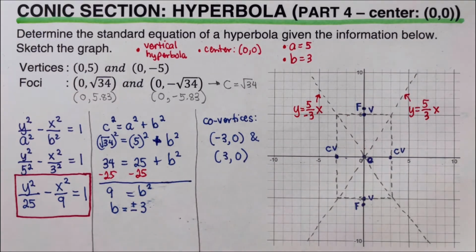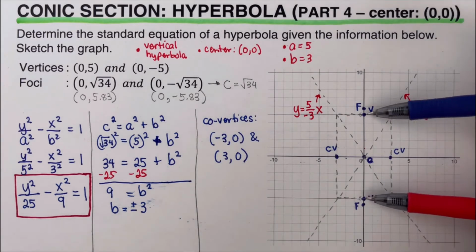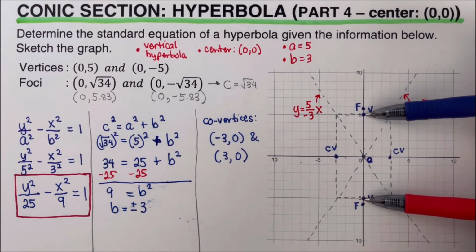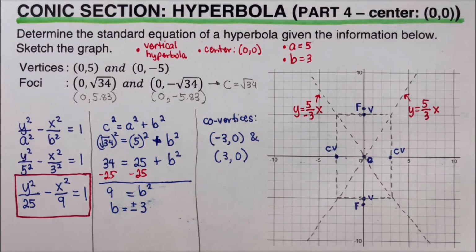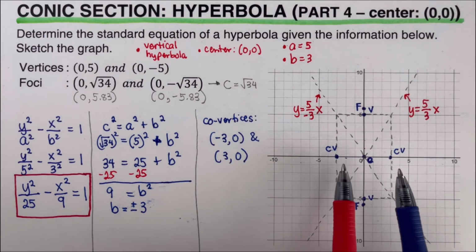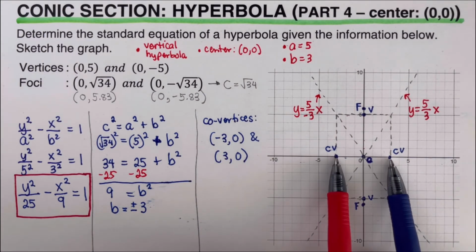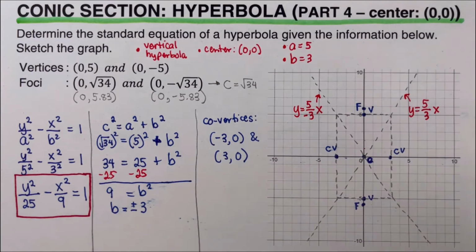Now we can go ahead and determine the length of the transverse axis and the length of the conjugate axis. Remember, the length of the transverse axis is the length from vertex to vertex, and the length of the conjugate axis is the distance from the co-vertex to the other co-vertex. So I'm going to go ahead and write that up here.